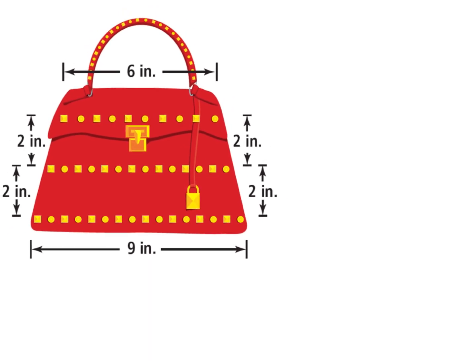So, I want to look at this example real quick. Finding the mid-segment, we are finding the length of this line down the middle. A couple different ways you can do this. What's one? Use the formula. So, mid-segment equals what? What are my two bases? 6 and 9. Yep, so 6 plus 9 divided by 2.